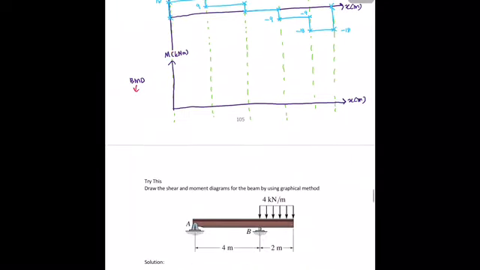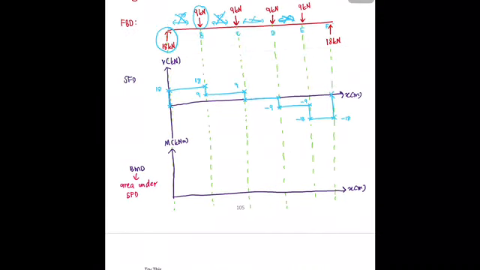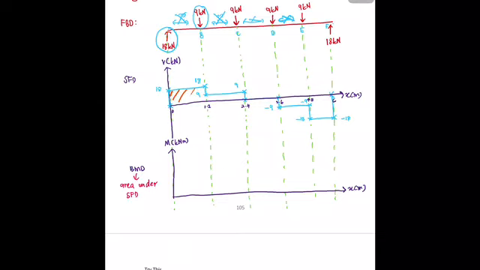To draw the bending moment diagram, you need the area under the shear force diagram. How to calculate the area under the shear force diagram? Distance is 0, 1.2, 2.4, 3.6, 4.8 and also 6. So you can calculate the area. What is the shape of this one, class?